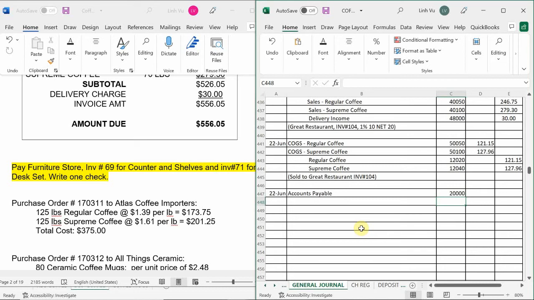So where's that coming out from? If I need to cut a check, how much or where is it coming out from?